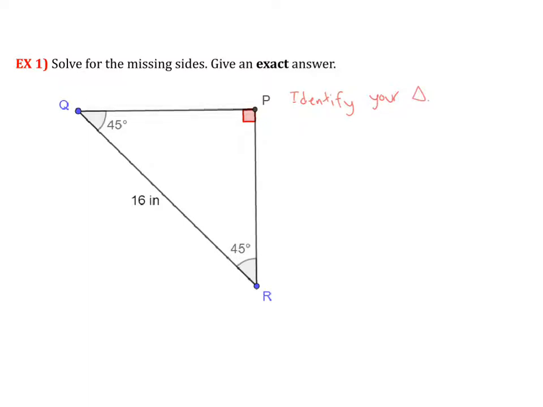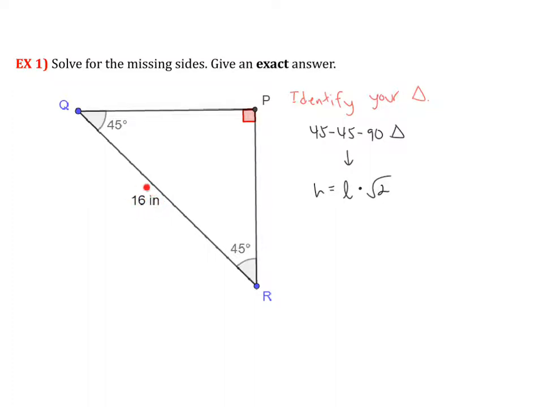In this case, it is a 45-45-90 triangle. And if I know that I have a 45-45-90 triangle, then right away I'm going to write down the equation associated with it, which is H equals L times the square root of 2. Now I come back to my triangle and see which parts are given and which I need to solve for.